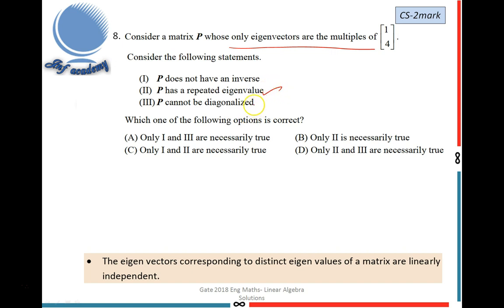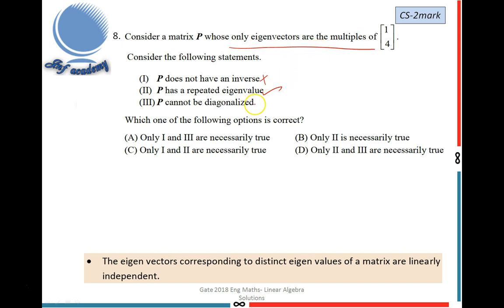Next, the first statement is a wrong statement, because I can't say P is singular or non-singular. Suppose P is singular, then only it doesn't have an inverse. So "P does not have an inverse" is a wrong statement. Next, the third statement. Here the eigenvectors are repeated, and the eigenvectors are linearly dependent.